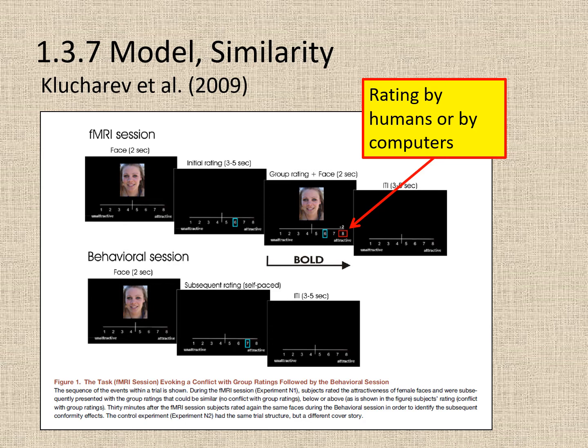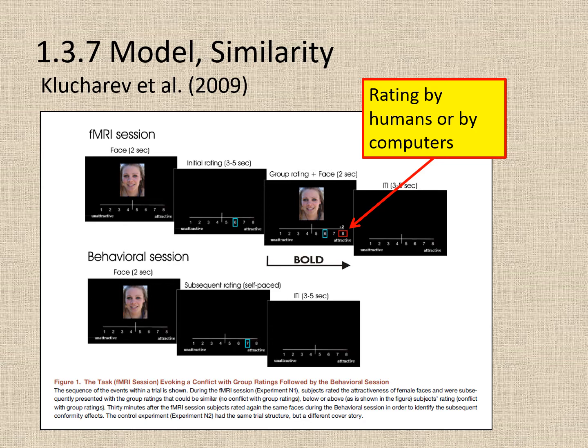And again, we wait half an hour and they get to do the ratings again. And we have a look at their brain activity when they get to see the others' ratings. And what do we see? Well, if we have a look at conformity here, we see they increase their rating if they've seen that the others increase their rating, and they decrease their rating if they see that the others have a lower rating than themselves.